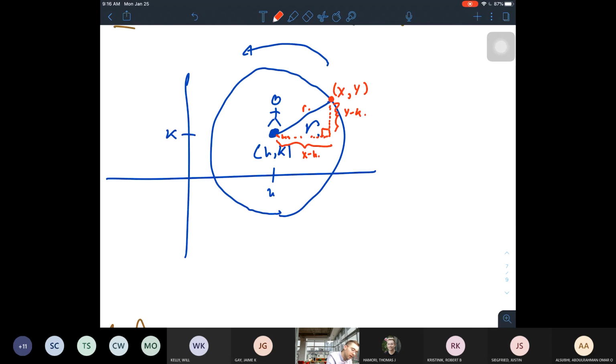So these distances are going to obey the rule that the square root of (x minus h) squared plus (y minus k) squared is equal to the square root of r squared.